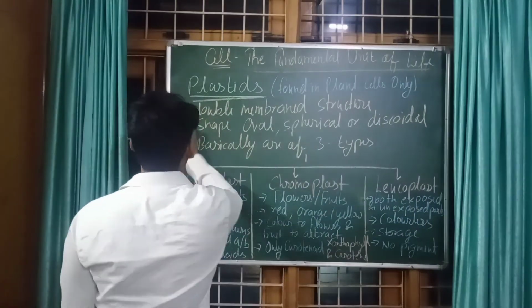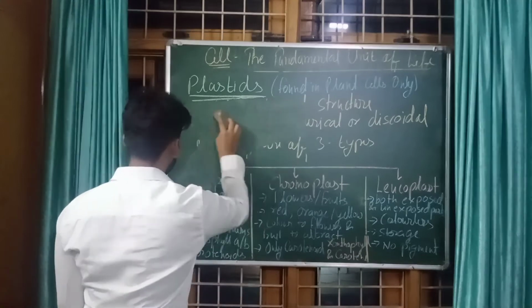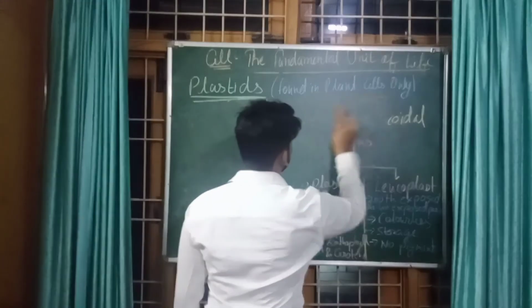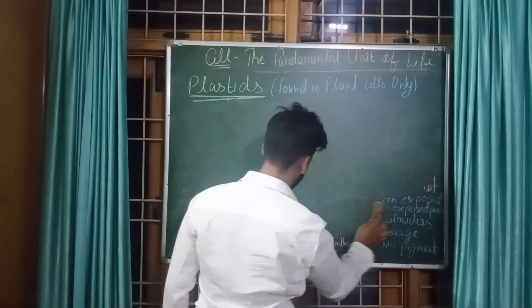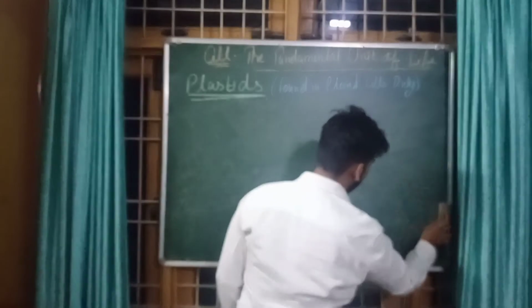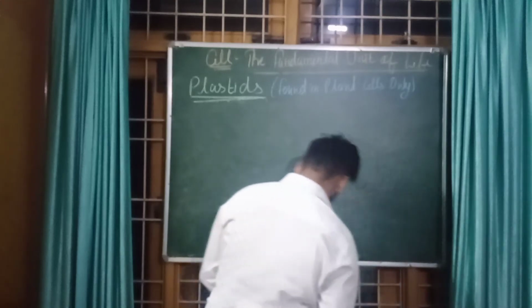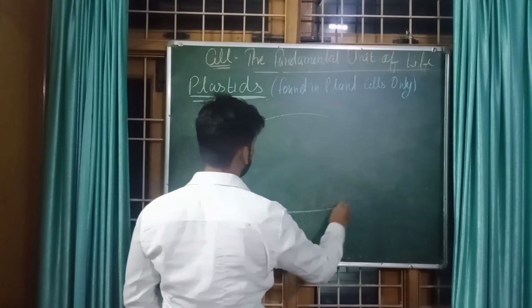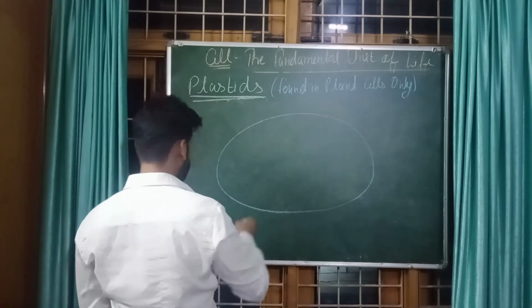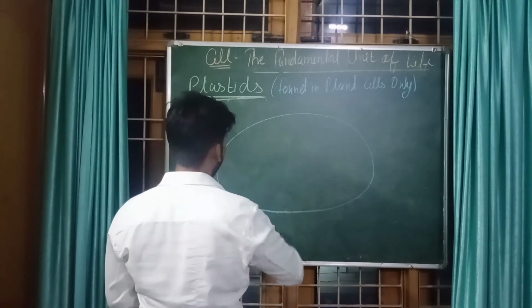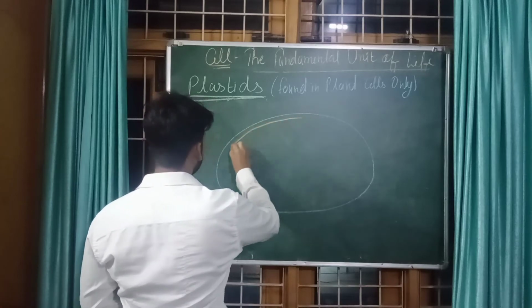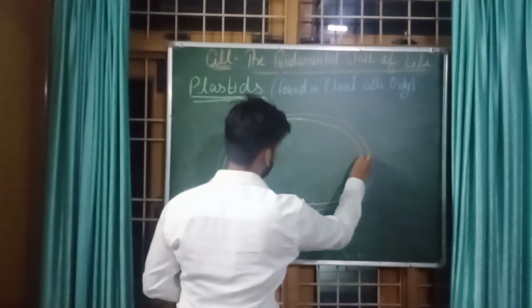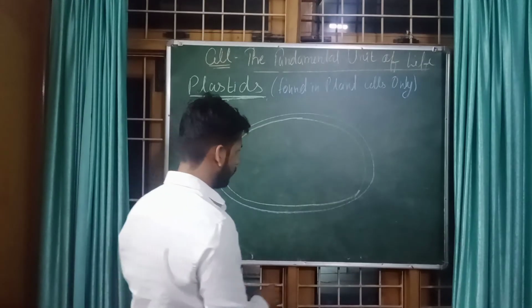Now let us study in detail about chloroplast. Here if we see the structure of chloroplast, it is oval in shape and double membrane. Suppose this is the outer membrane and this is the inner membrane.